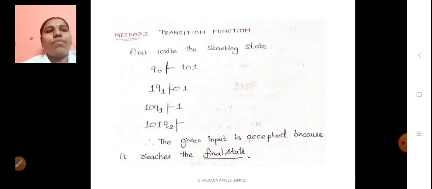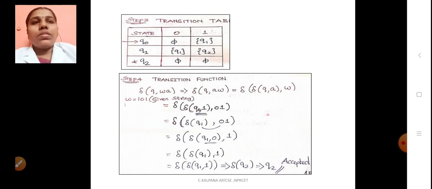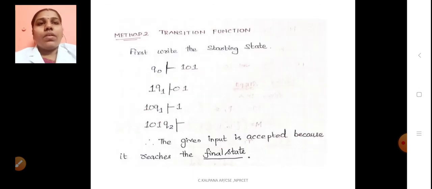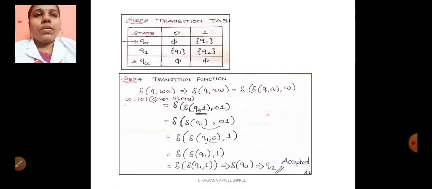Another method for solving the transition function is q0. You have to represent the state on the left hand side and the input on the right hand side. So first you have to check q0 comma 1. q0 comma 1 is q1. So I mention q1 and move the input symbol to the left hand side. Then q1 to 0. q1 to 0 is q1.